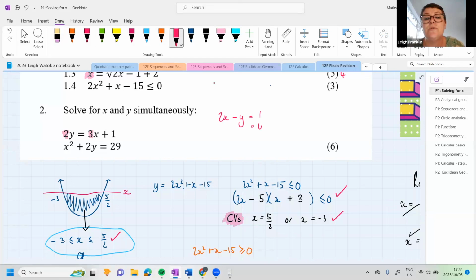So we would transpose the y, transpose the 1, and then we would go and sub in. In this case over here, they've actually been a little bit nicer to us. We don't have to work with fractions.